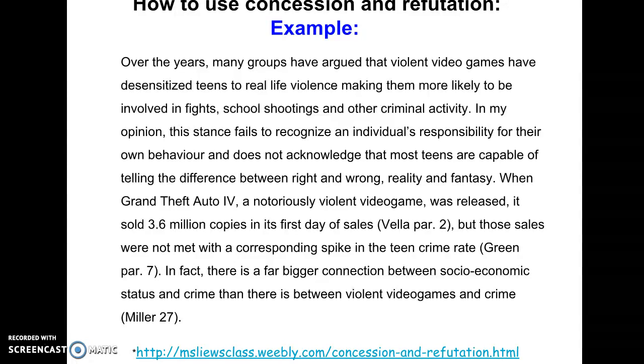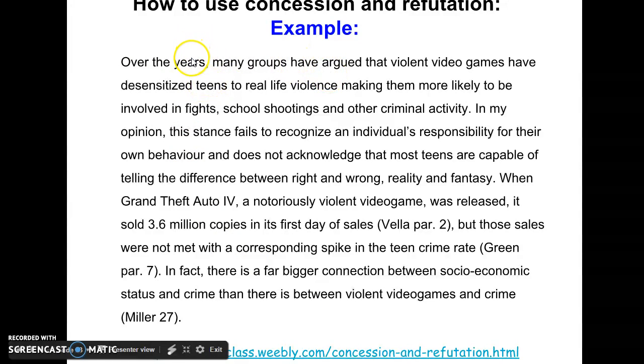When Grand Theft Auto 4, a notorious violent video game, was released, it sold 3.6 million copies in its first day of sales. But those sales were not met with a corresponding spike in the teen crime rate. In fact, there is a far bigger connection between socioeconomic status and crime than there is between violent video games.